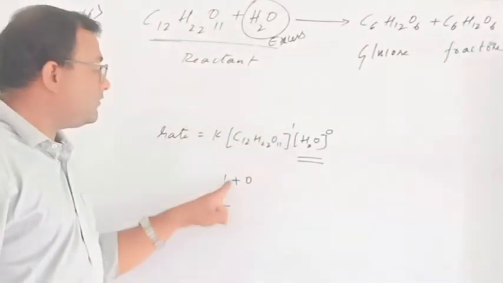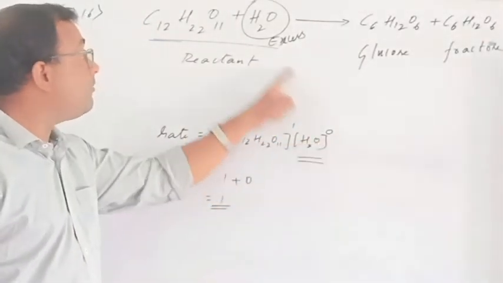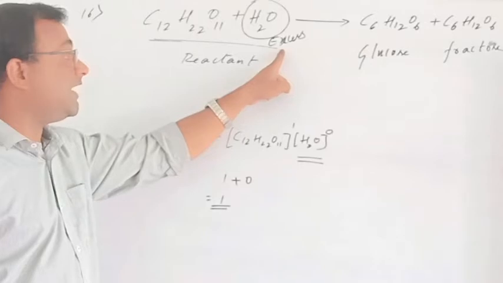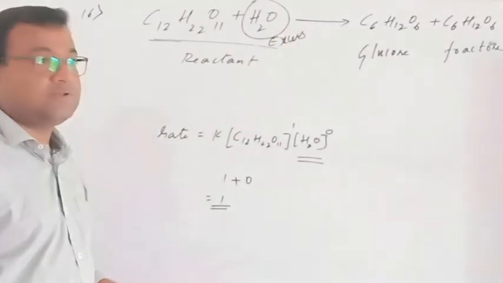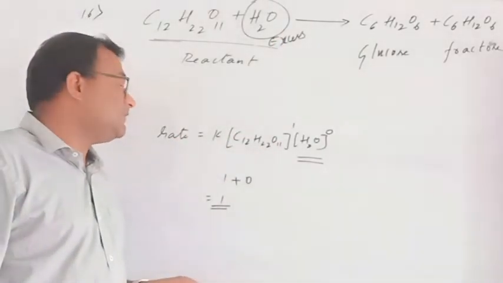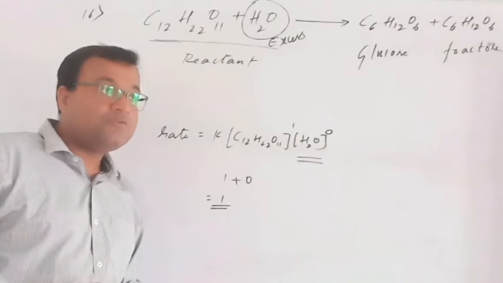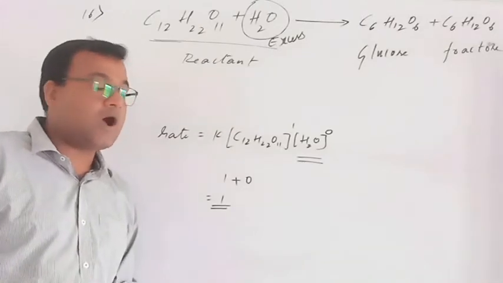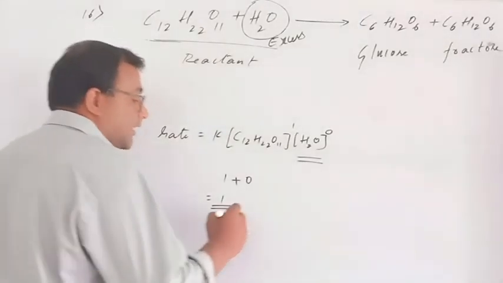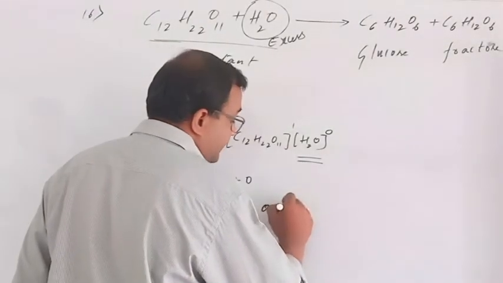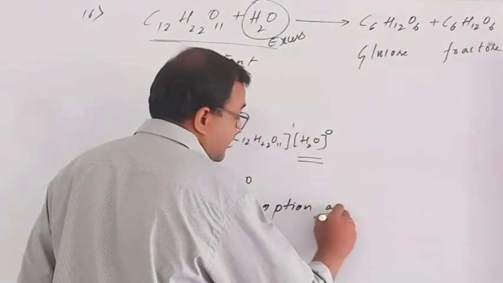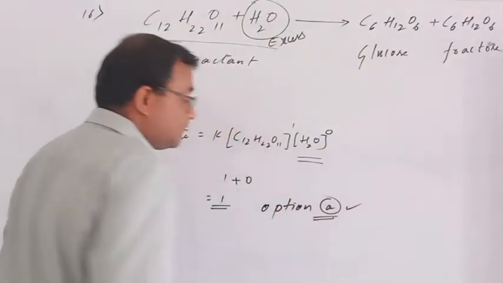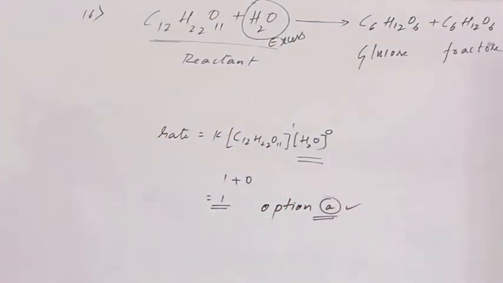So this is 1. Why have we taken 0? Because of the excess of water present. So we have taken large excess. This type of reaction is called pseudo first order reaction. So option A is the correct option. Option A is correct option. So inversion of cane sugar.